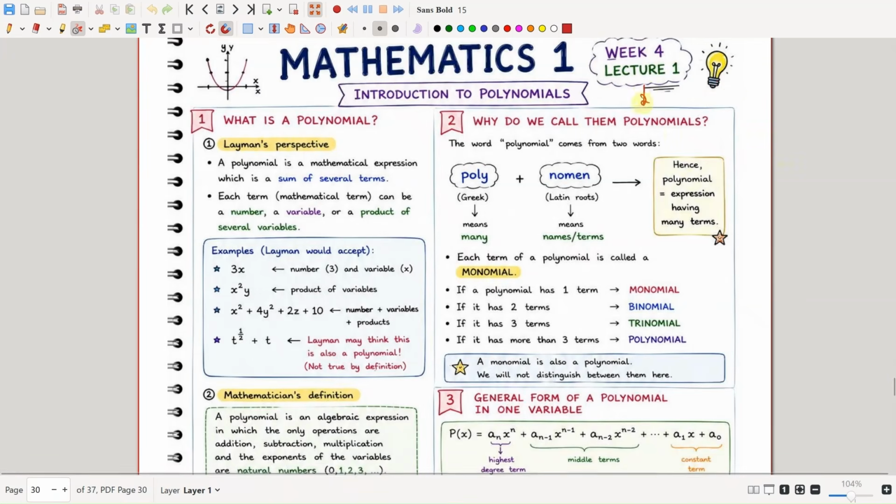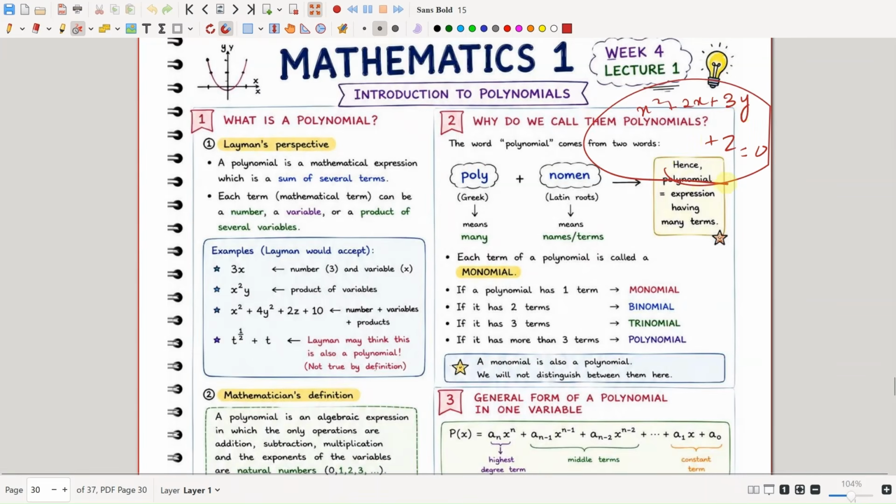And when the highest degree is 2, you will call it a quadratic equation. And if you have more than one term, it can be of the same variable, x square plus 2x square, or x square plus 2x plus 3y plus z is equal to 0.